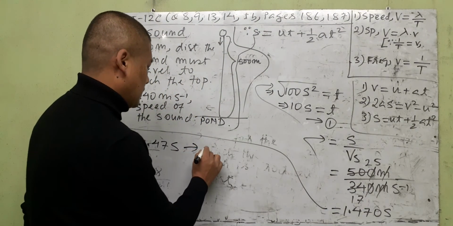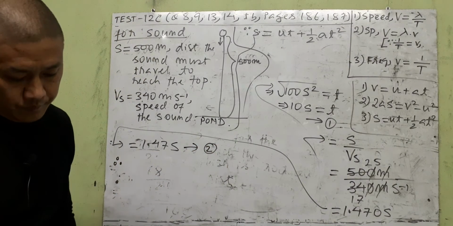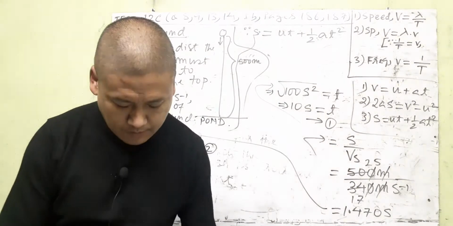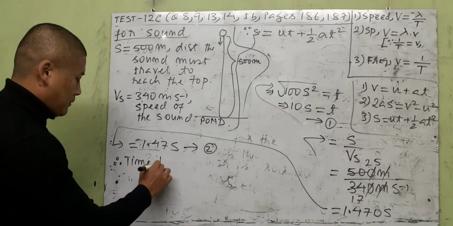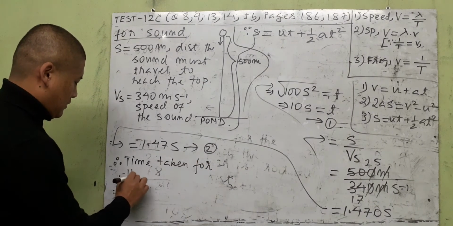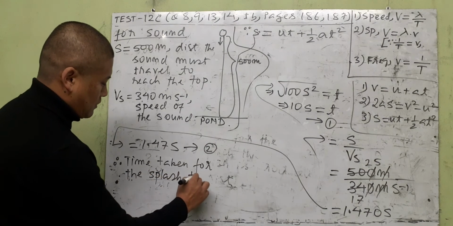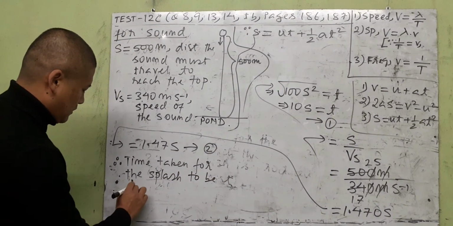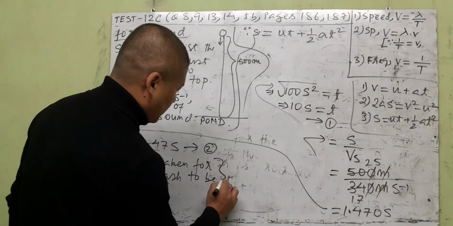Let's put this one as question number 2. For the final answer, according to the language of the text, listen carefully: time taken for the splash to be heard. This is what the question is asking.